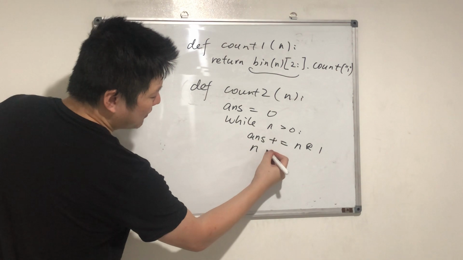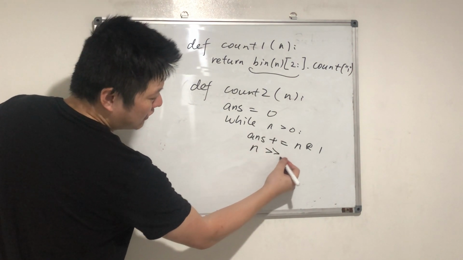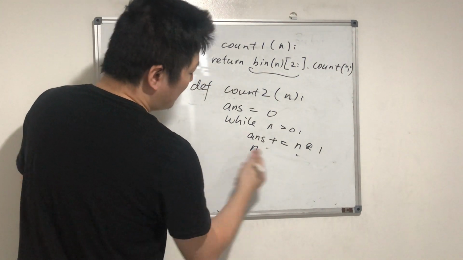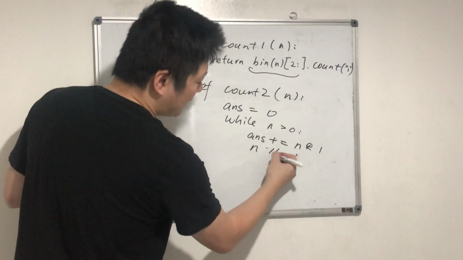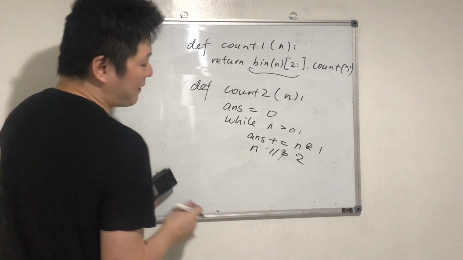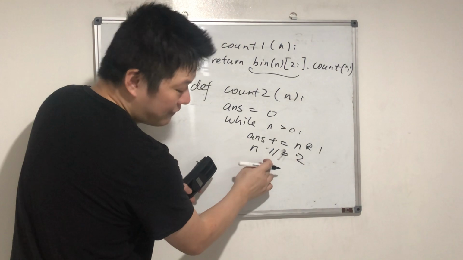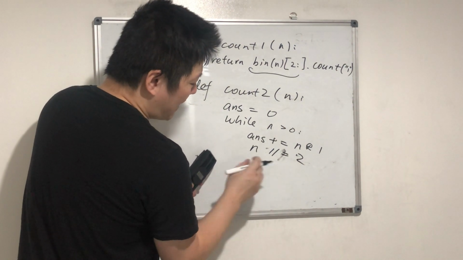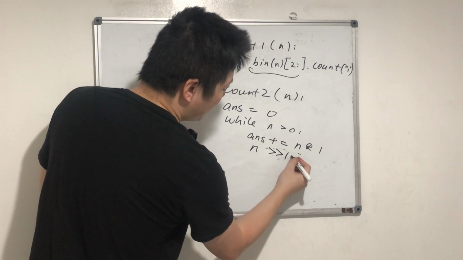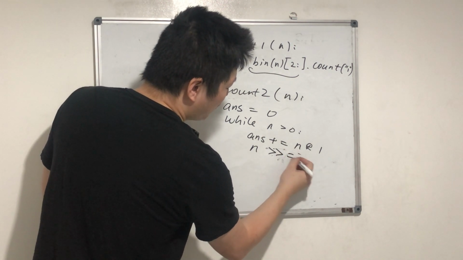How can we do it? We can do n shift equals 1, or you can do n divided equals 2. It's the same thing. Dividing by 2, taking the integer part, is the same as shifting one bit in binary.